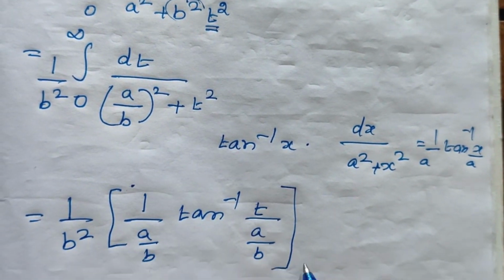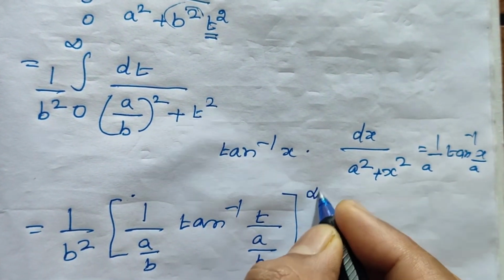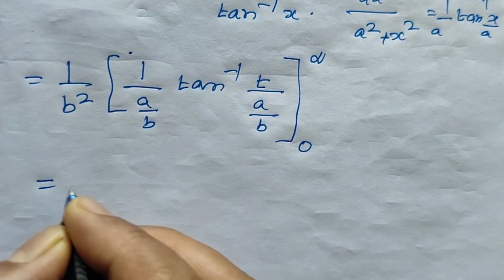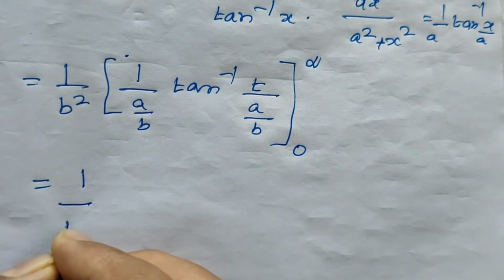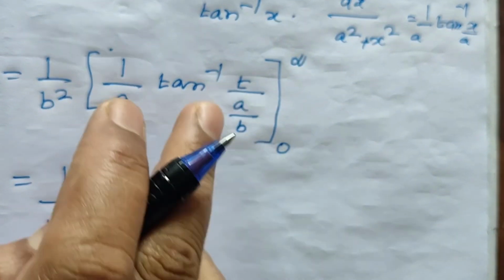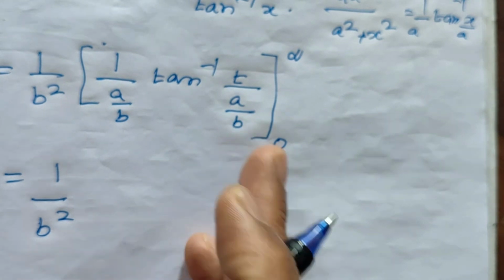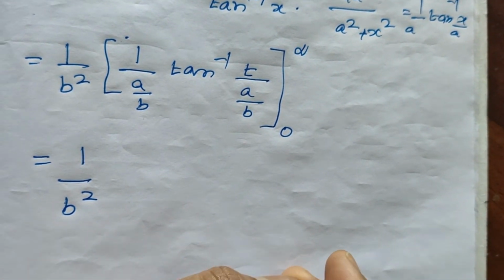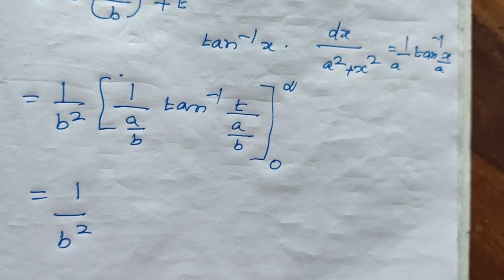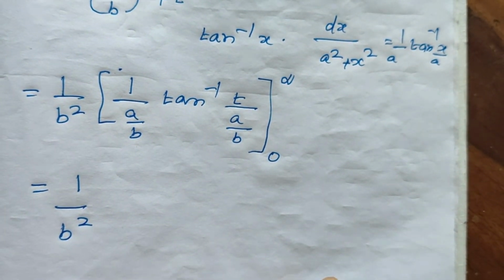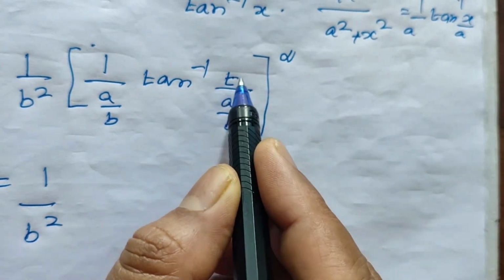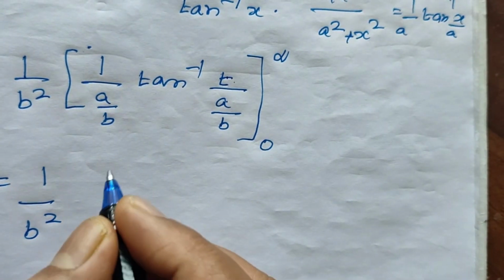So now what is the limit? 0 to infinity. Therefore now we apply the limits. 1 by b square, tan inverse t, where t equals infinity.